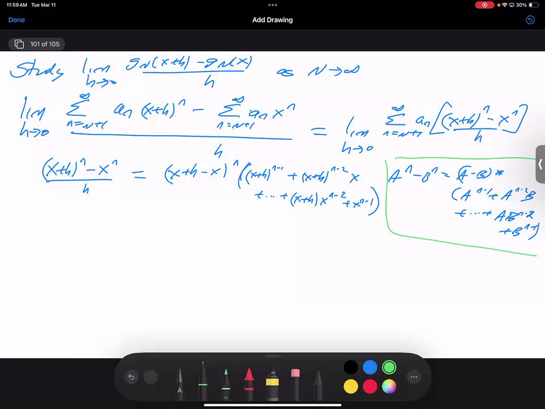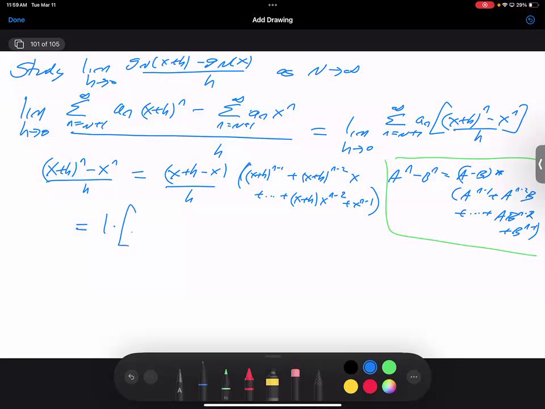Yes. Okay. So this is equal to, and we divide by h, right? So we factor out the x plus h minus x over h. That's just 1. Did I make a mistake? No, that's fine. Okay. So that's going to just be 1.